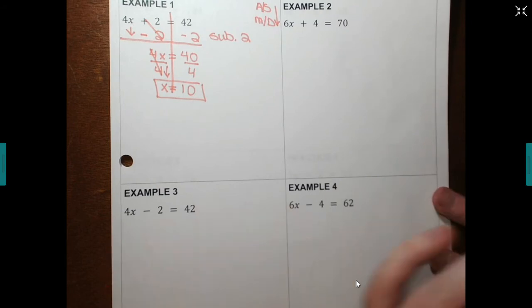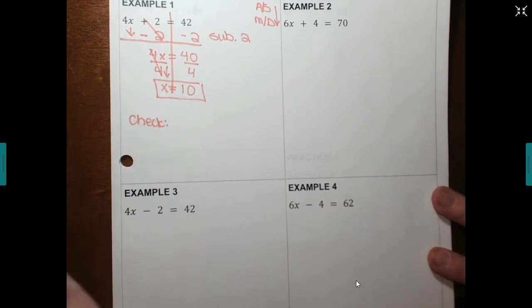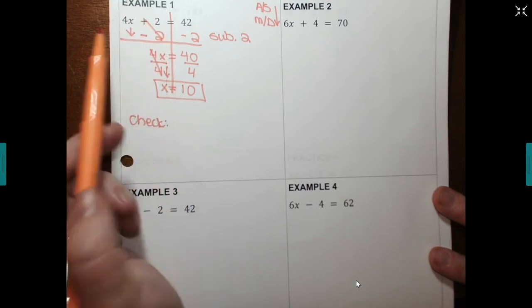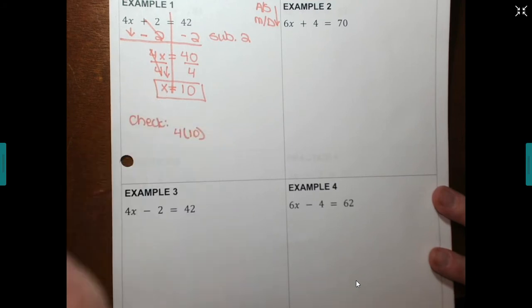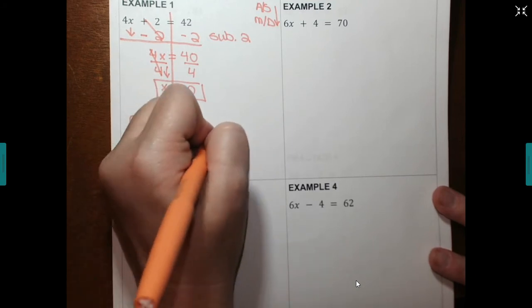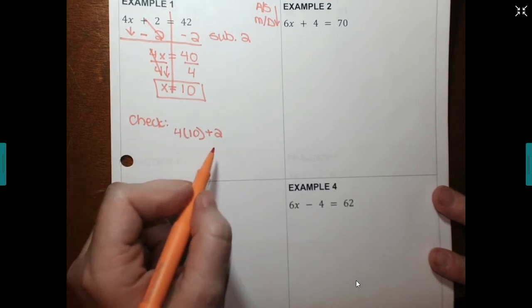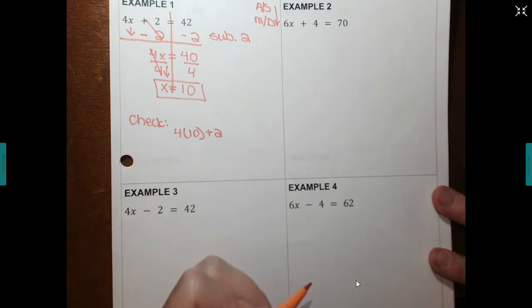Remember, you can always check this by plugging this 10 back into this side with the variable. So I could say 4, I'm using 10 instead of x, plus 2. If I put that into Desmos, just like it is, and it gives me 42, then it's correct.